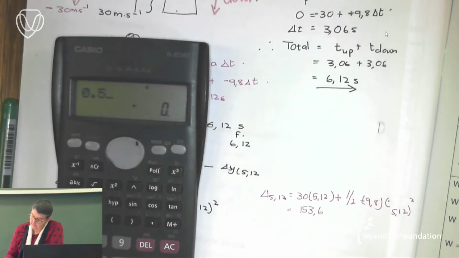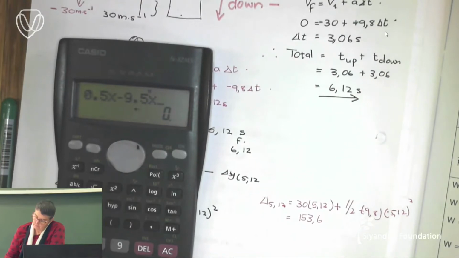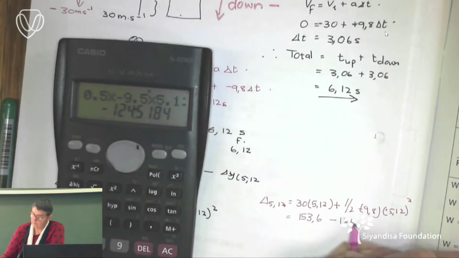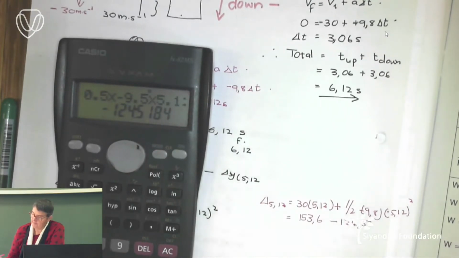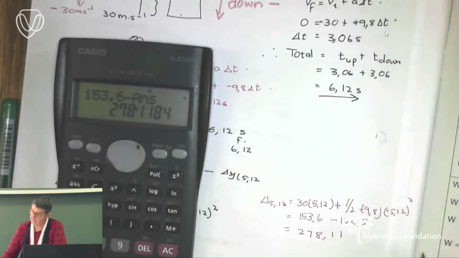And that gives me, that was 5.12 squared, gives me negative 124.5. So that gives me 278.11. Okay?